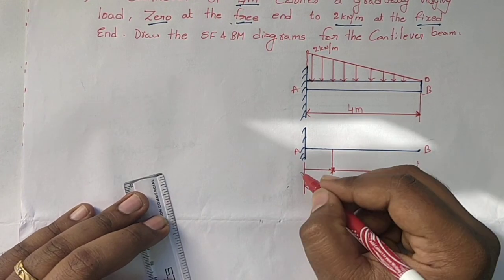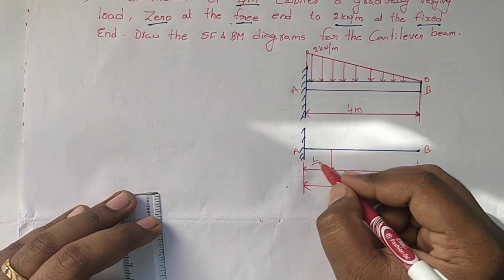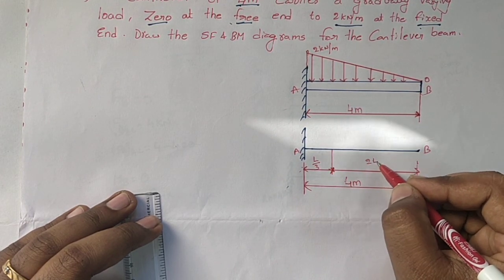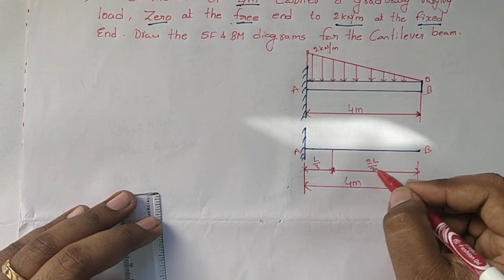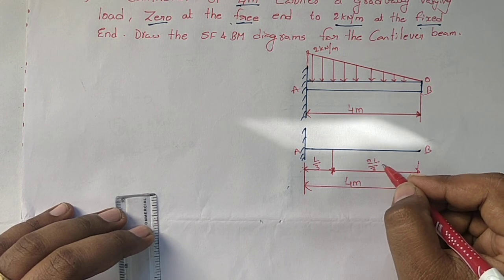Here the maximum load is acting at the fixed end, so it is L by 3 distance from the fixed end, and 2L by 3 distance from the free end.